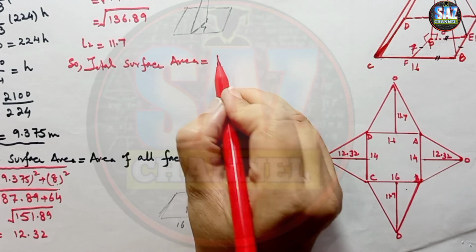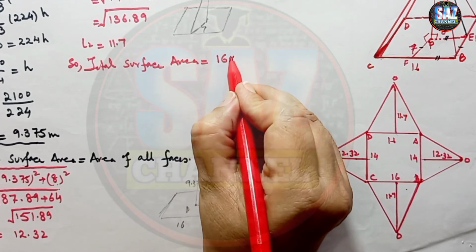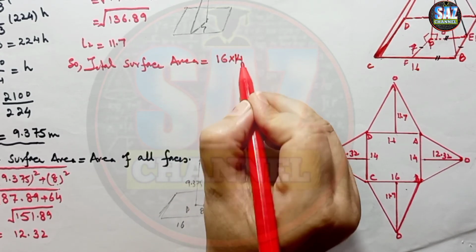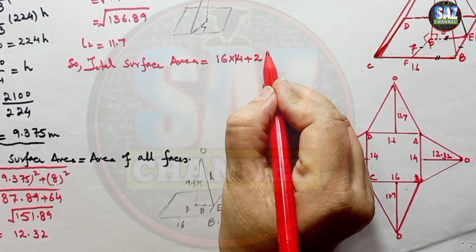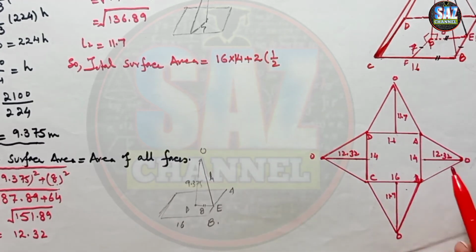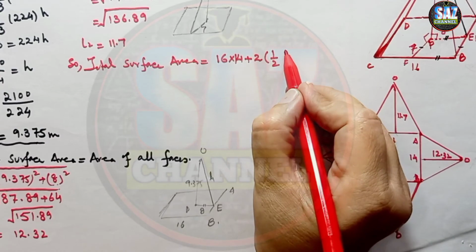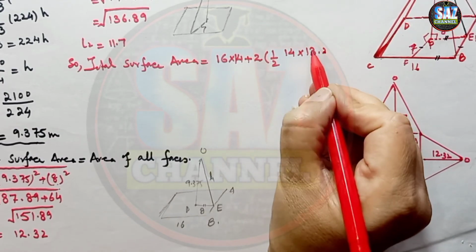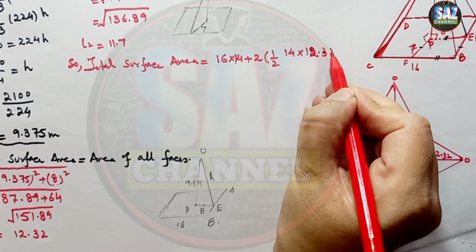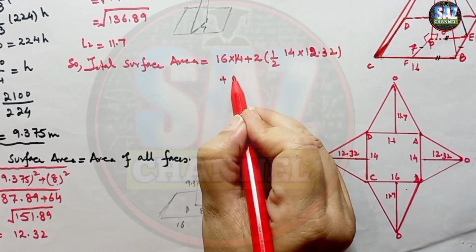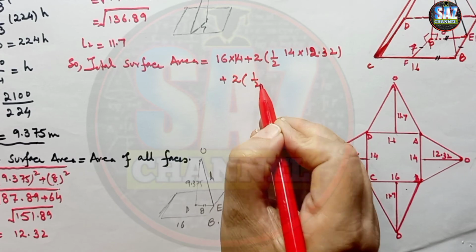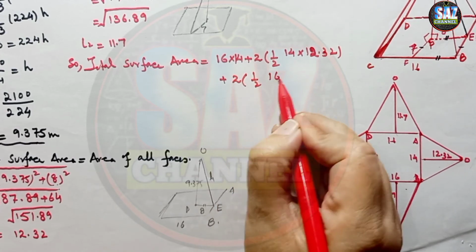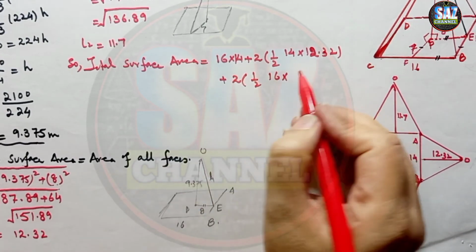I think we have done enough practice, so I will be going direct in this question. 16 by 14 plus 2 into half, area of triangle 14 by 14 multiplied by 12.32 plus 2 into half, and 16 by 11.70.